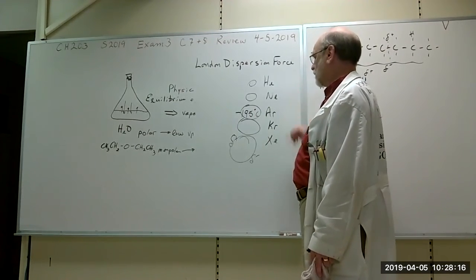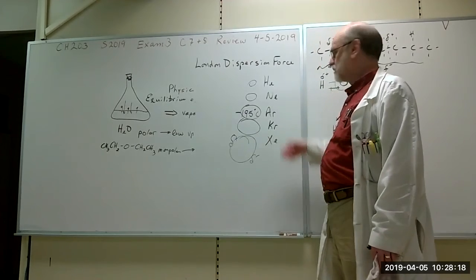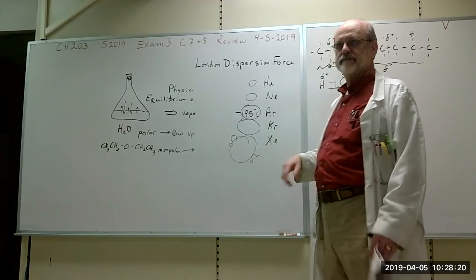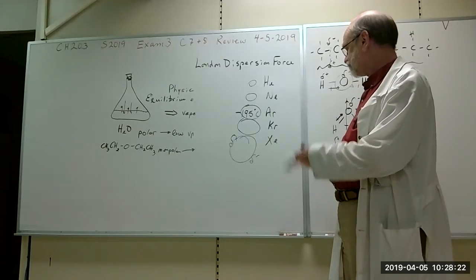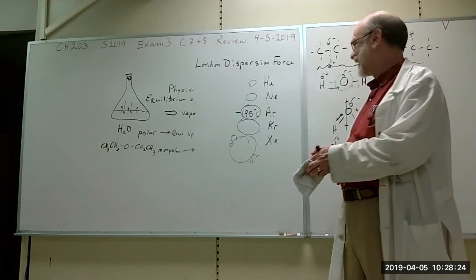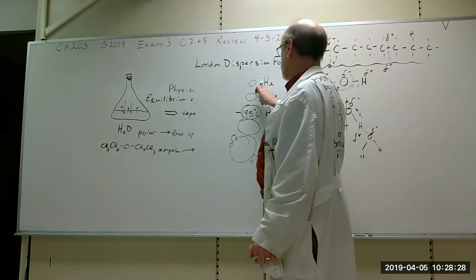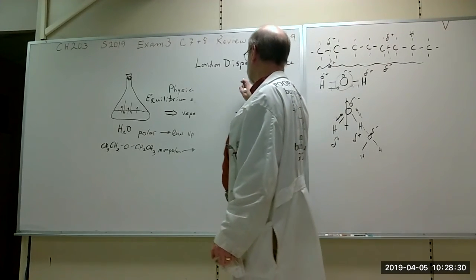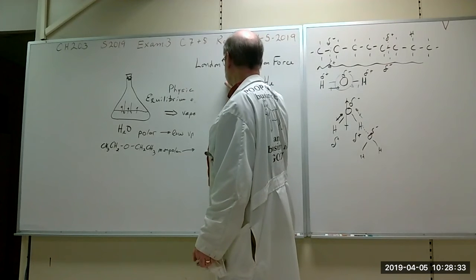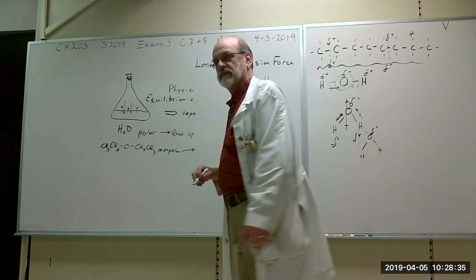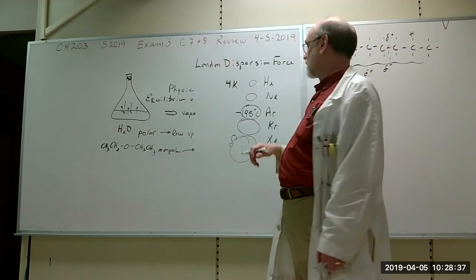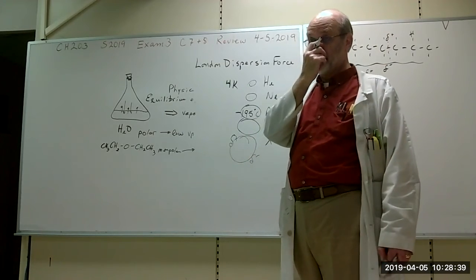But these, no. You can't get it cold enough to make a solid out of these. Even minus 1,000. I think the boiling point for helium is like 4 degrees Kelvin, just 4 degrees above absolute zero is helium.